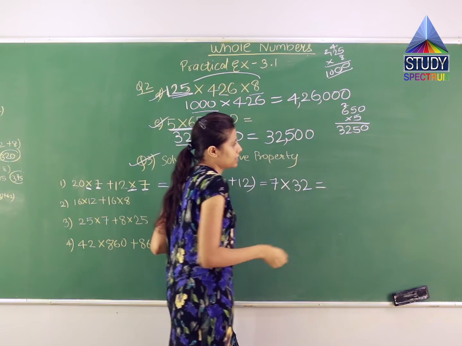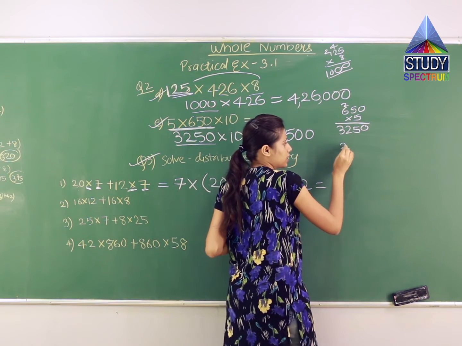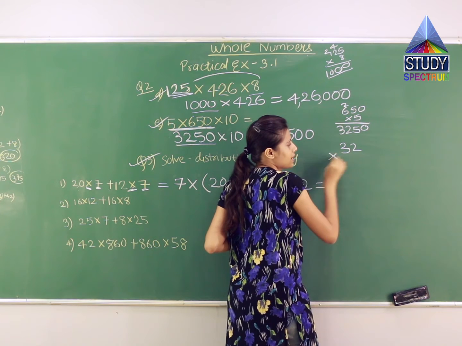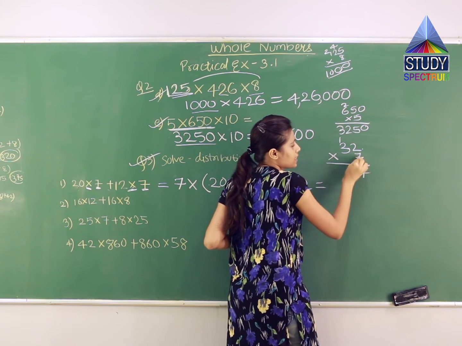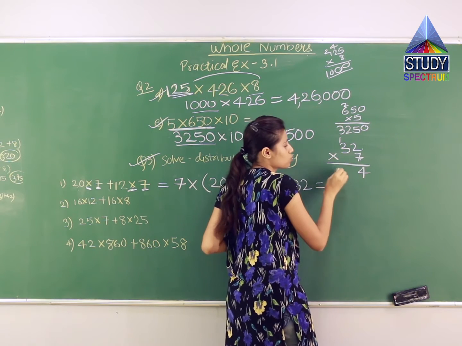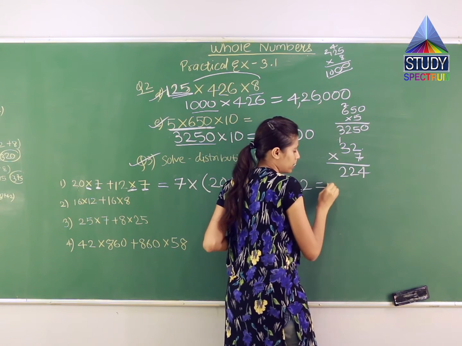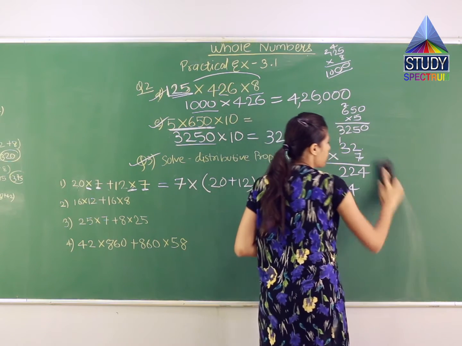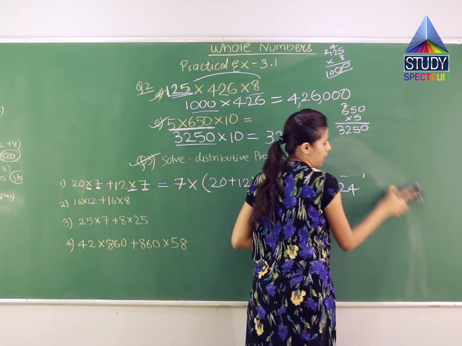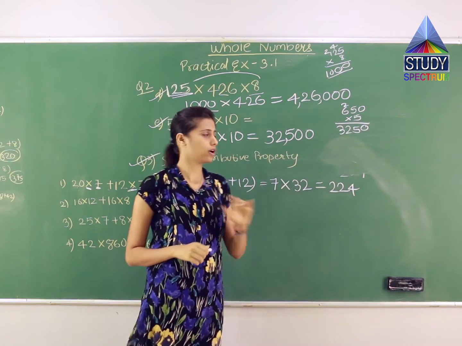Now let us multiply this both. 32 multiplied by 7. 7 2s are 14. 7 3s are 21 plus 1, 22. So it gives me 2, 2 and 4. So this is the answer for the first question.